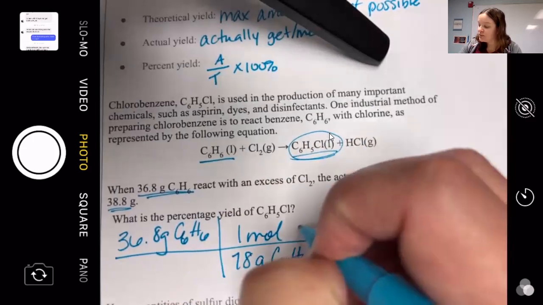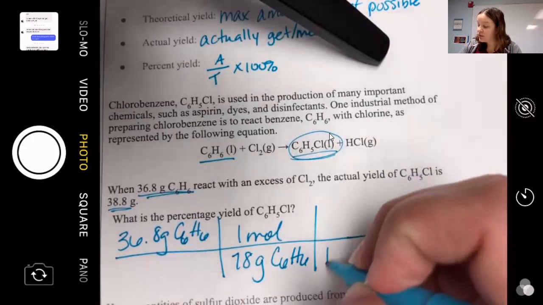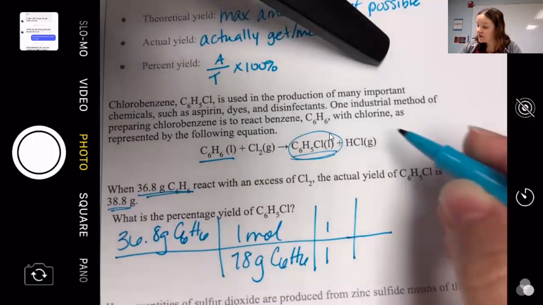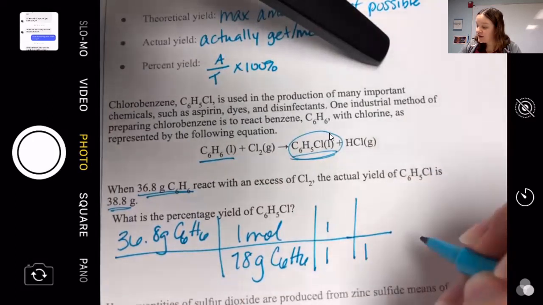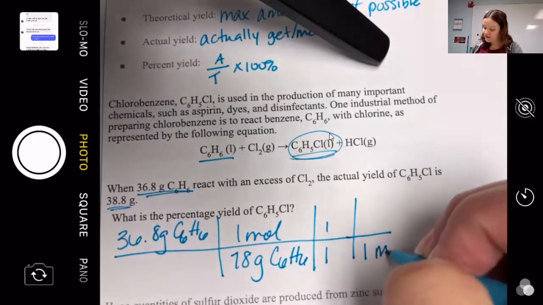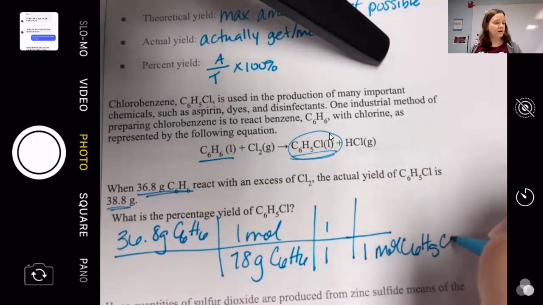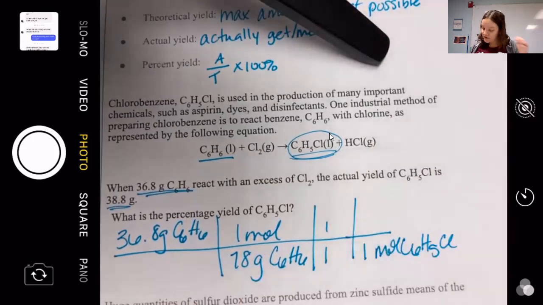And then I need to go back to moles, I need to go from moles of the chlorobenzene, the C6H5Cl. 12 times 6 plus 5 plus chlorine is 35, 112 grams.